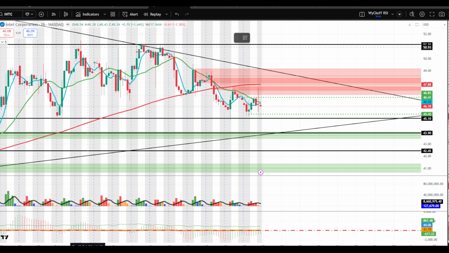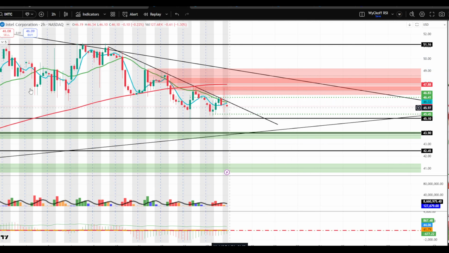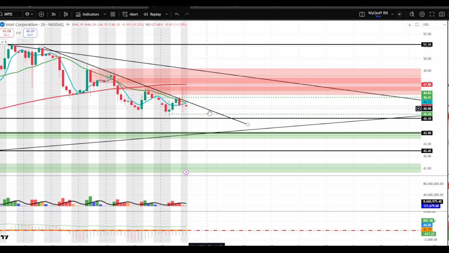maybe you can draw a trend line here. It could go either way. Could drop down some more, hit this support here.